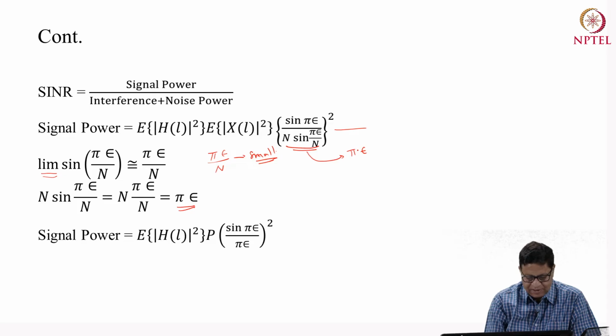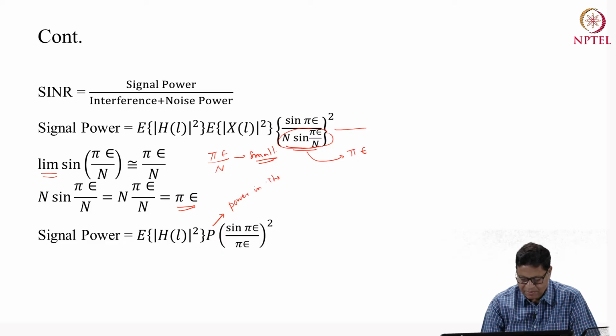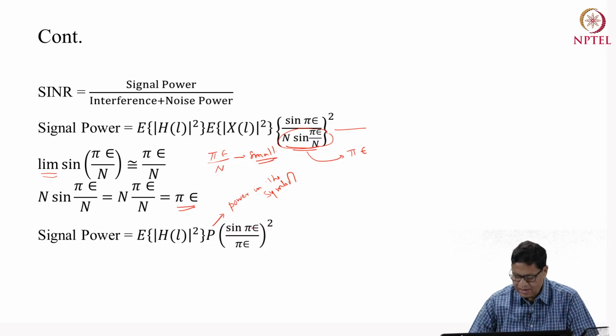So my signal power, replacing this part by pi epsilon, I get expected value of mod HL squared into P. P is the power in the data, that is expected value of mod XL whole squared, the power in the data symbol, multiplied by sine pi epsilon divided by pi epsilon whole squared after considering this approximation.